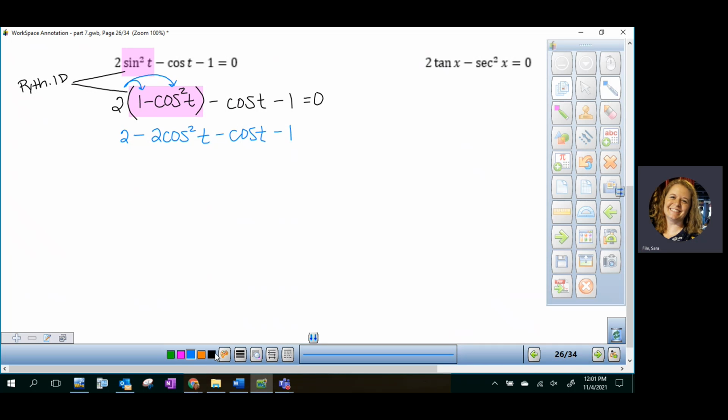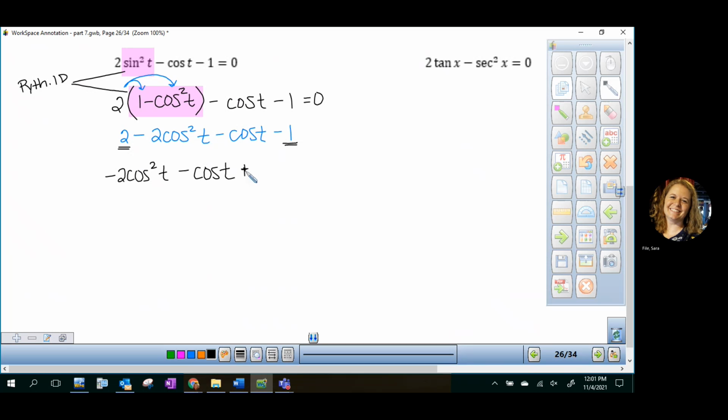Okay, now I've got a couple of like terms that I can combine, the constants there. So I've got negative 2 cosine squared of t minus cosine of t, and then 2 minus 1, so that's just plus 1. So far, so good?